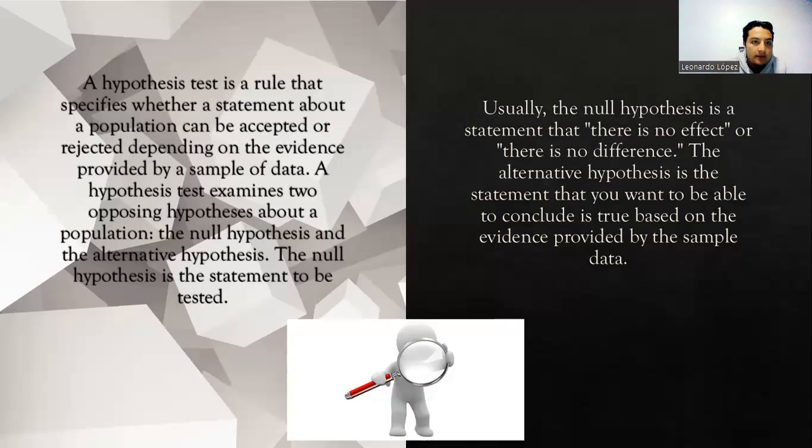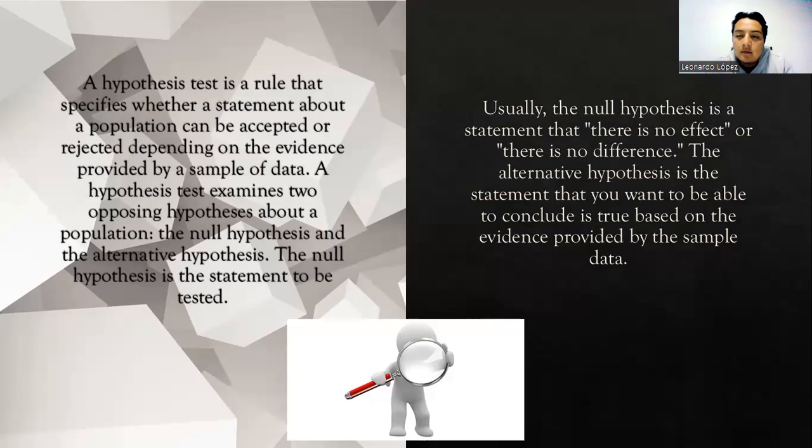First, a hypothesis test is a rule that we specify whether a statement about a population can be accepted or not, depending on the evidence and the data. My hypothesis examines two: the null hypothesis and the alternative hypothesis.